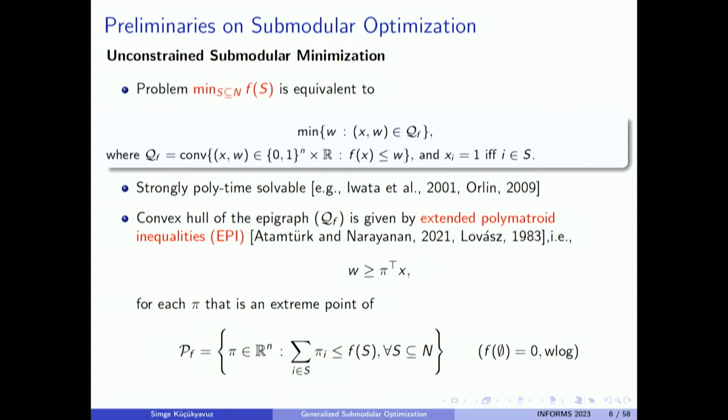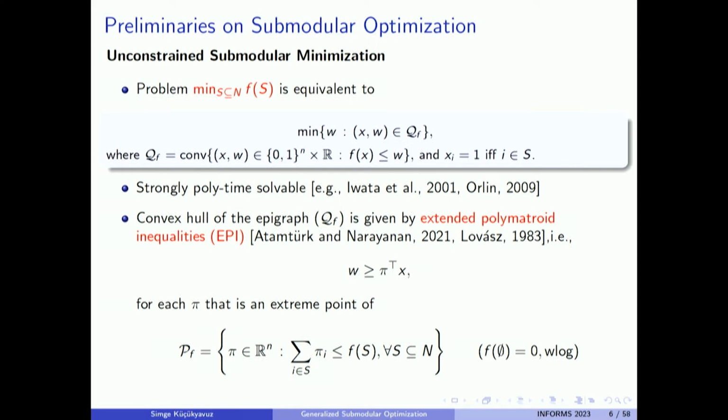It turns out any pi that is an extreme point of the following feasible set, which we call Pf, the extended polymatroid, works. We're looking at pi's, the coefficients, such that the summation of pi i over i in S, the selected subset, is less than or equal to the function evaluation at that subset S, for all S. If you write these constraints down for all subsets, any extreme point of this will give you a facet, or the strongest valid linear inequality you need for the convex hull.